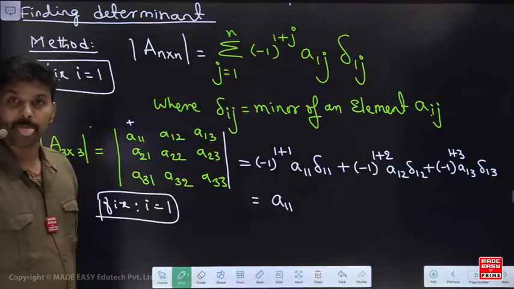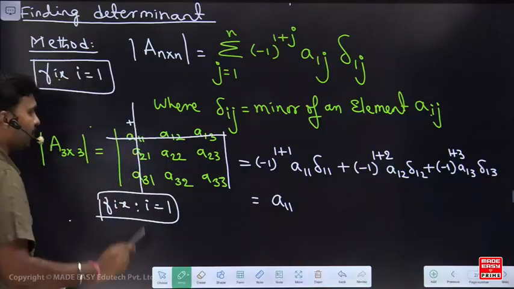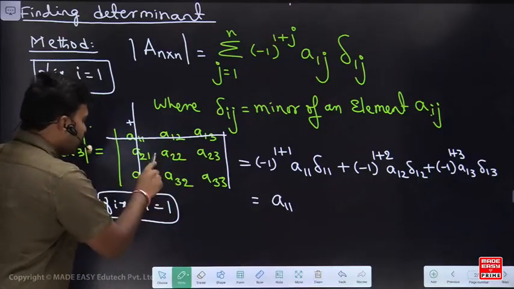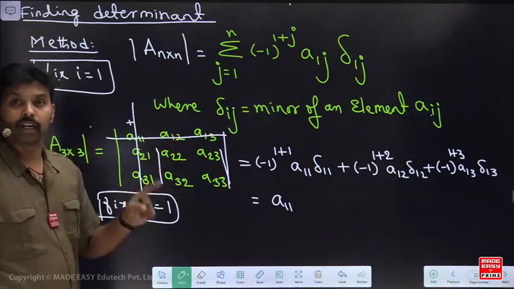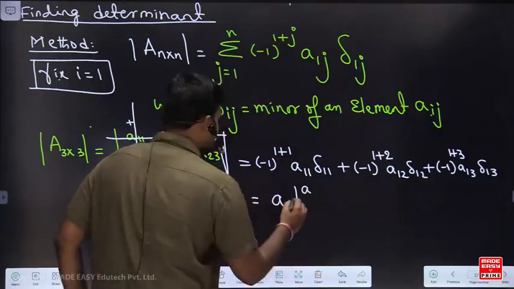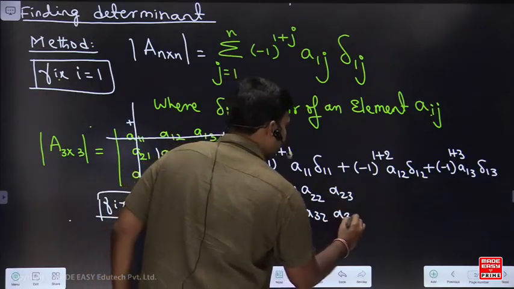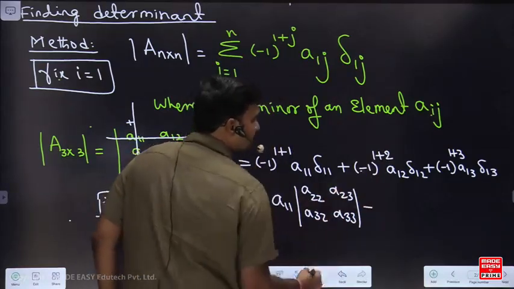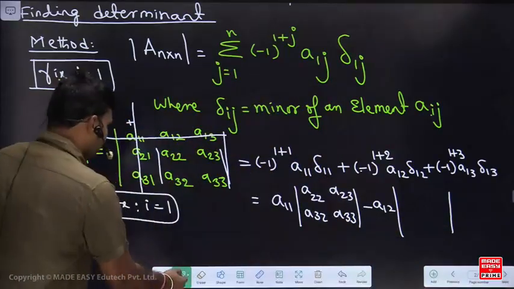So just delete that row and column of a11. Then you will be having a submatrix here. The determinant of this submatrix is nothing but delta 11 here. That is the determinant of a22, a23, a32, a33. Then here (-1) to the power of 3, that is minus, and then a12 into the determinant of, yes.